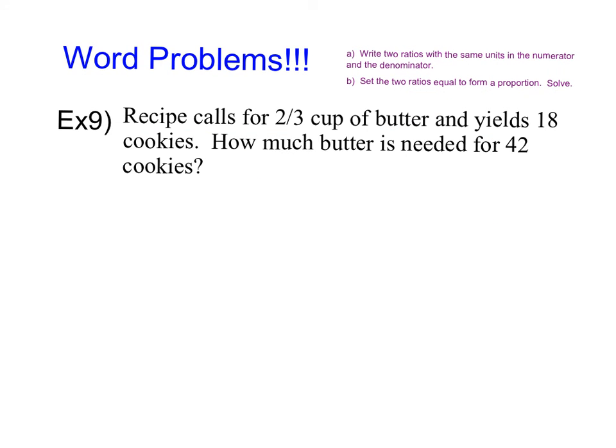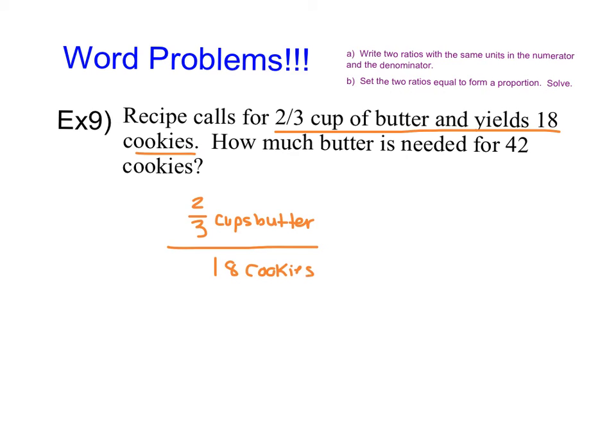And the final example here deals with cooking. So a recipe calls for 2/3 cup butter and yields 18 cookies. So I'm going to make my first ratio here, and this one is 2/3 cups butter and 18 cookies. That's my first ratio.